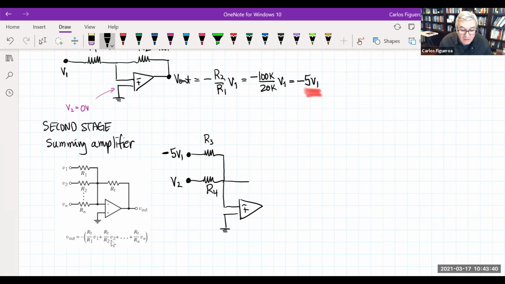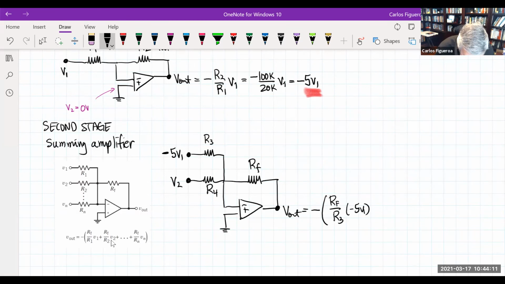Remember, if the non-inverting terminal goes into the ground, you're always going to get a minus sign. And this here is the feedback resistor. So the output right here is going to be minus RF divided by R3 times whatever source voltage I have, plus RF divided by R4 times V2. And since I only have two inputs, it's going to look like this.